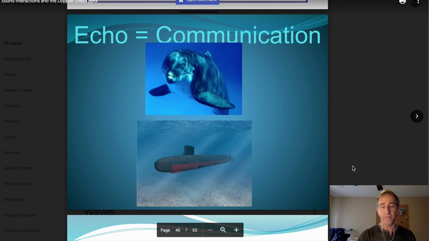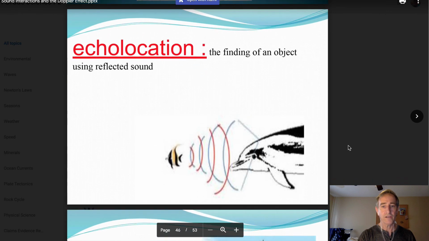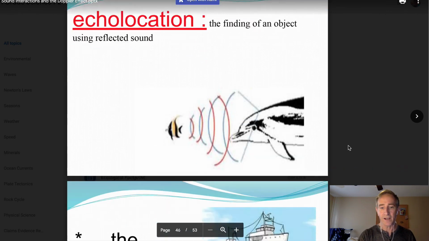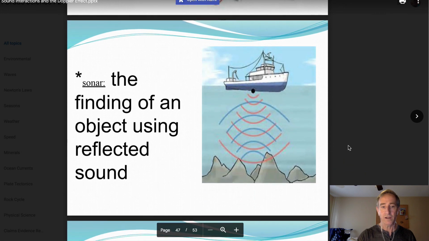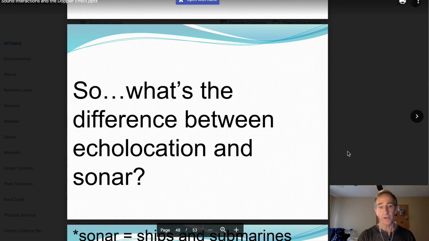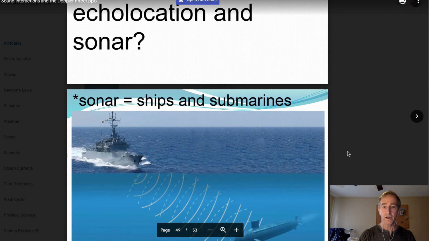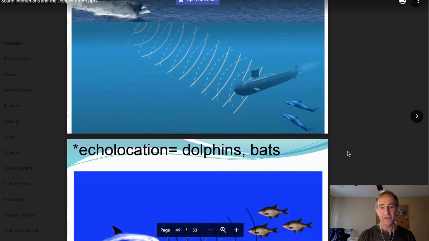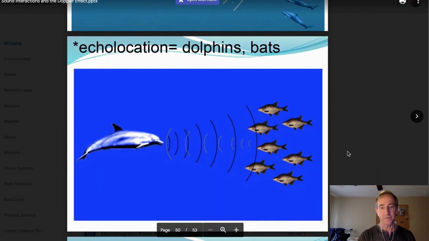Dolphins and submarines use echolocation, the finding of an object using reflected sound. Sonar is the finding of an object using reflected sound. So, the difference between echolocation and sonar: sonar is ships and submarines, and echolocation is dolphins and bats.